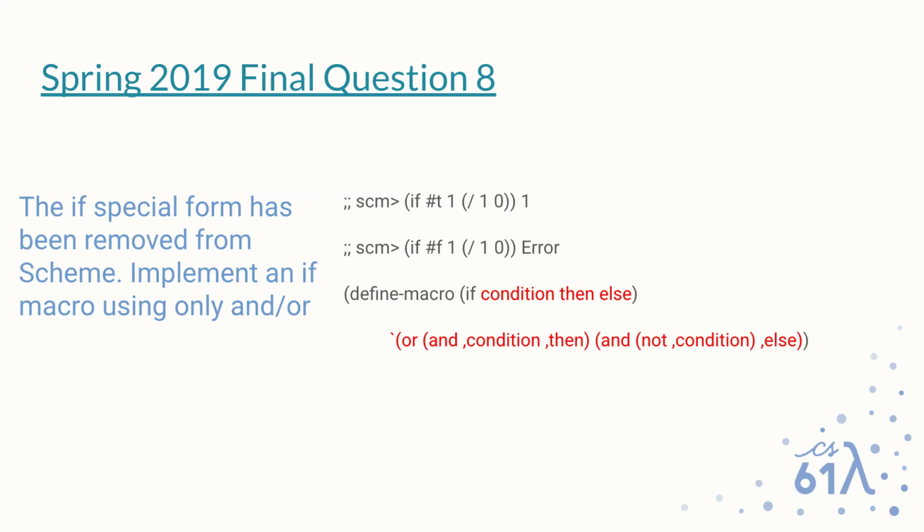But for the second form, do we need the and not condition part? I feel like if the condition's false, we don't need the second part. You're saying instead something like or and condition then, and then else? Yeah, because if the first one is false, then you could just short circuit it and output else.